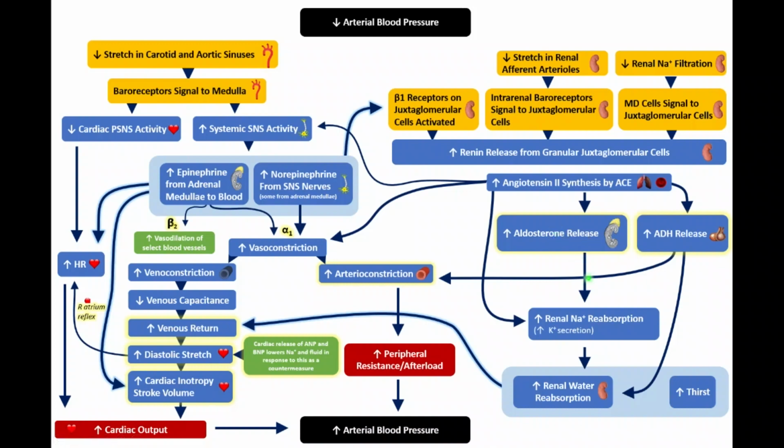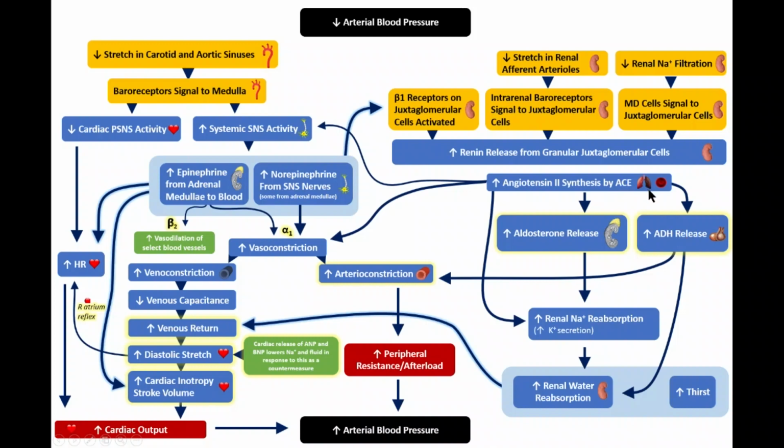Aldosterone does it by upregulating sodium channels. Angiotensin 2 does it directly by upregulating sodium channels. And then finally, angiotensin 2 triggers antidiuretic hormone release from the pituitary gland, which is a totally separate location, right? It's in the brain. So that is a very interesting and unique effect.